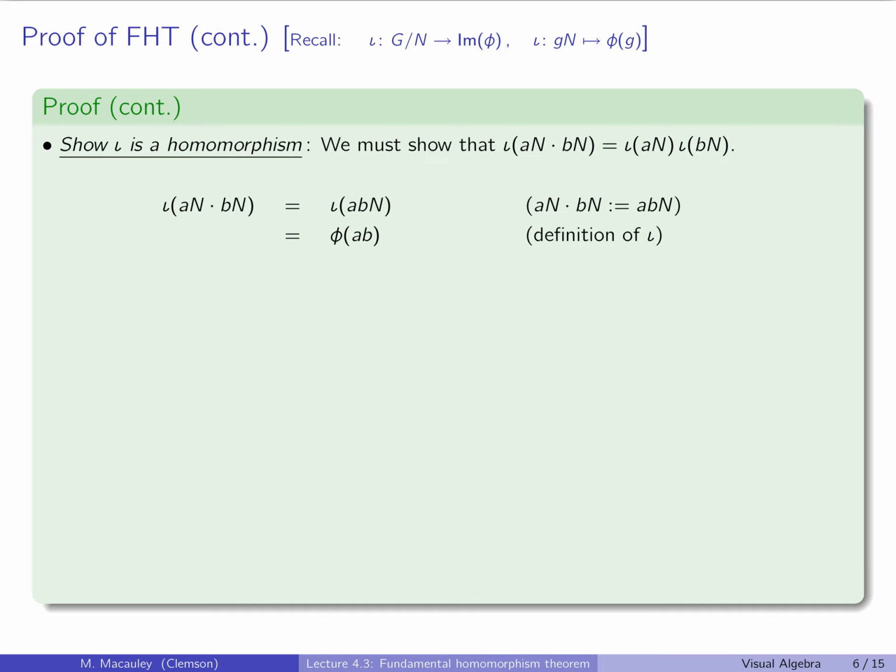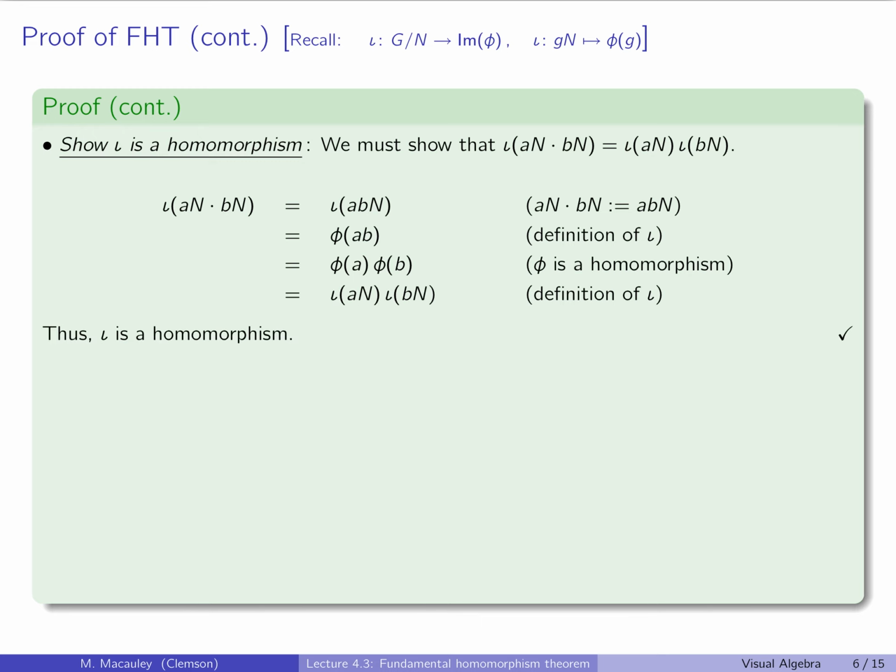Iota of some coset is phi of its representative. And then we use the property of homomorphisms to write phi of a times phi of b. And then using the definition of iota, we write this as iota of aN times iota of bN. And that's exactly what we needed to show. It now remains to check that iota is surjective or onto.